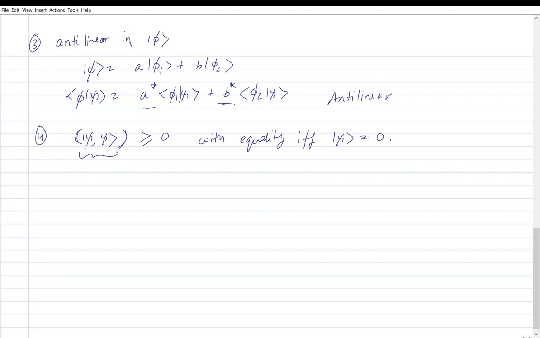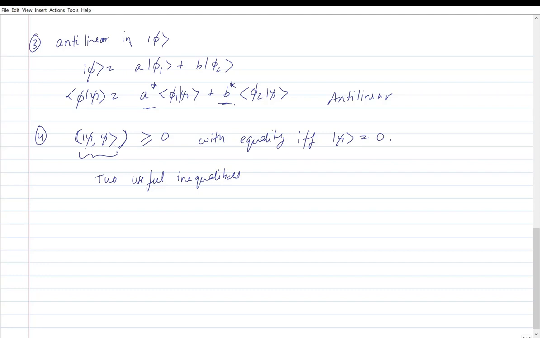So two useful inequalities, I would urge you to try and prove them yourself.